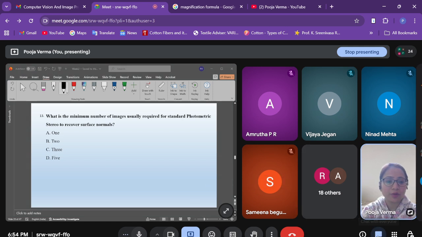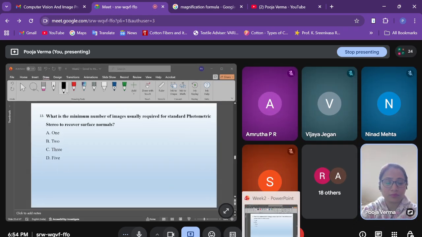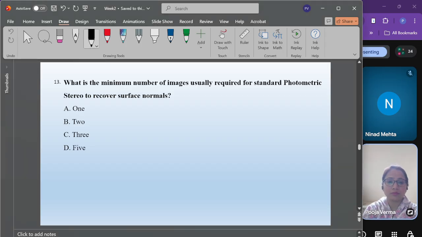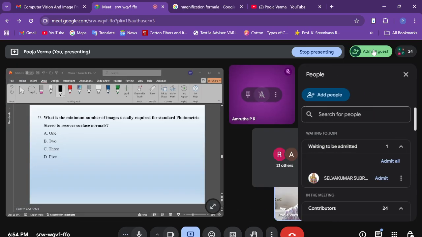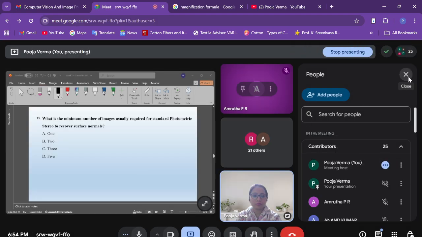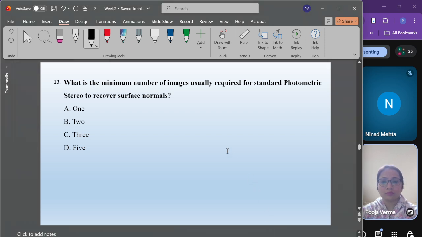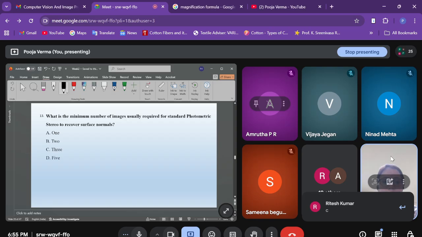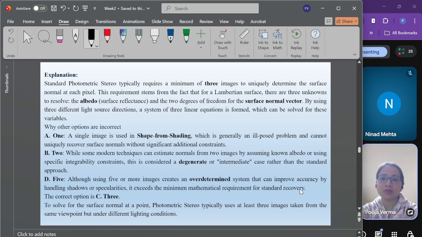Okay, we will see whether option A or B is correct. Okay, so let's see the solution here.